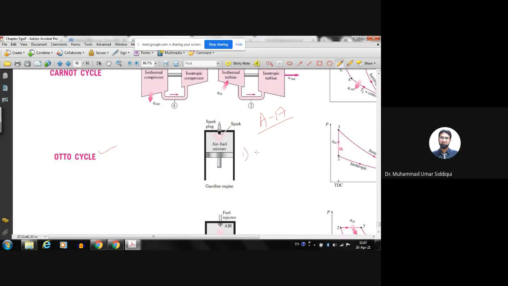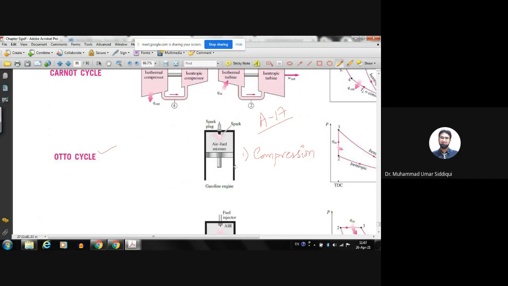The first process is compression. You have a working fluid, and you do something to compress it. Compress means you want to raise the pressure, so from an initial low pressure you increase the pressure. This is always the first process in these kinds of cycles, whether Otto cycle, diesel cycle, Brayton cycle, or any other cycle.